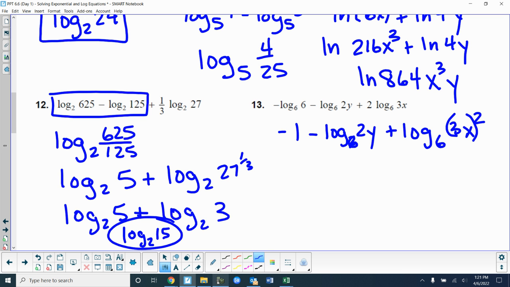How come you put them in front? Because if it just wanted the x to be squared, they would have had these separated in the log base 6 of 3 plus log base 6 of x. Since the 3x is there, the whole thing gets put to the squared power, to the 2x function.